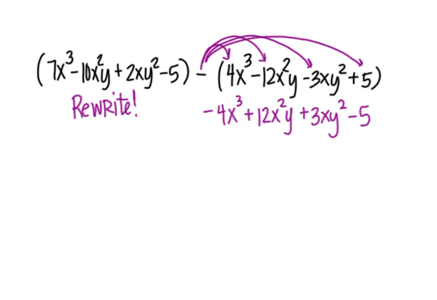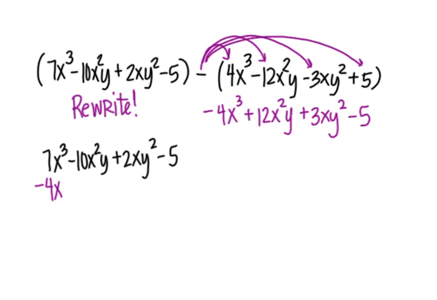Okay, so my first polynomial was 7x cubed minus 10x squared y plus 2xy squared minus 5. And I'm going to take my new second polynomial and stack it underneath that one. So that's a negative 4x cubed, a positive 12x squared y, a positive 3xy squared minus 5.